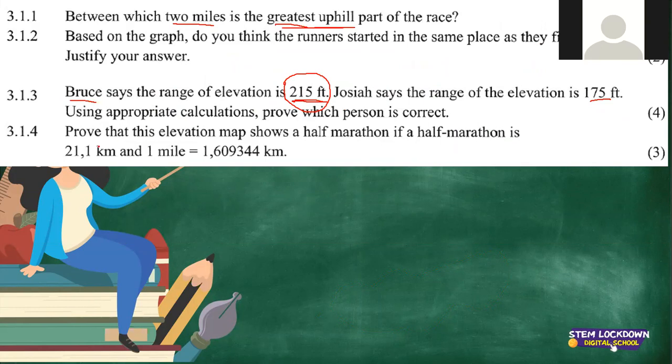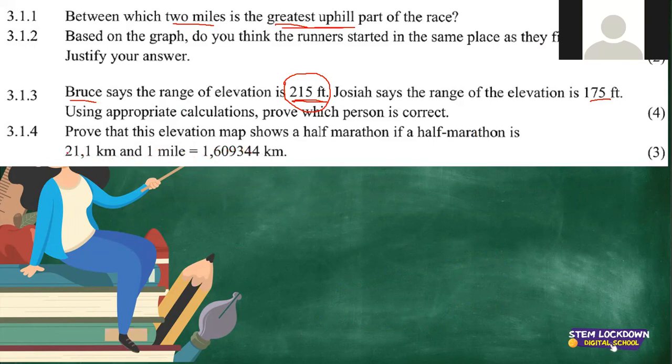3.1.4. Prove that the elevation map shows a half marathon if the half marathon is 21.1 kilometers, right? And 1 mile is 1.609344 kilometers.